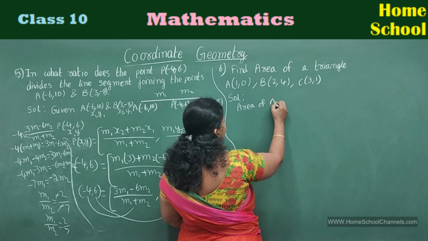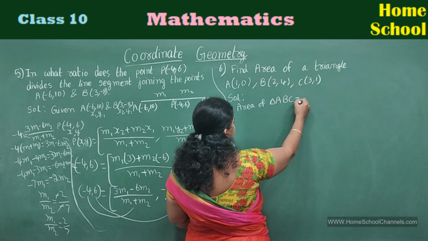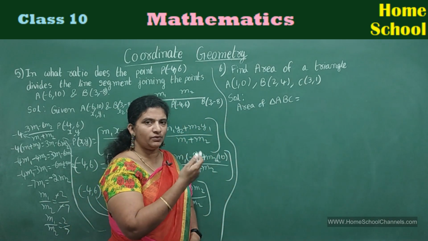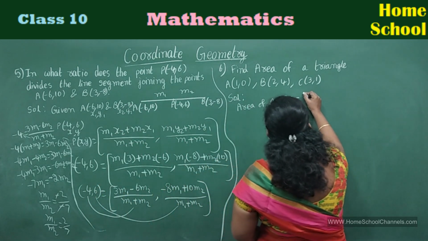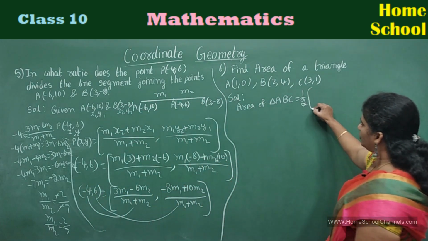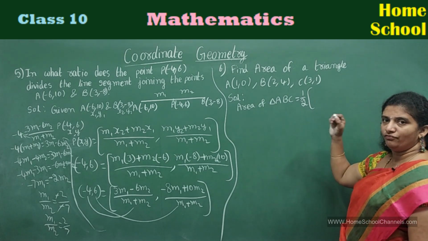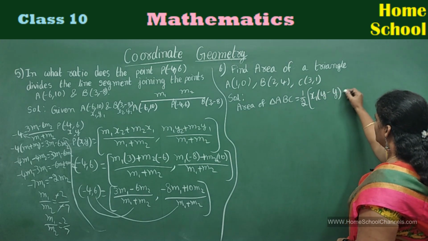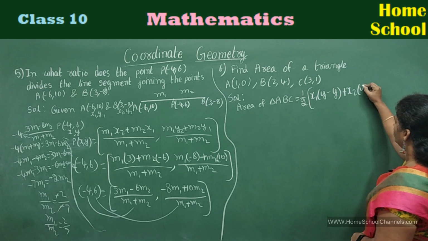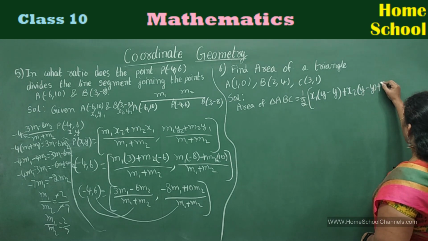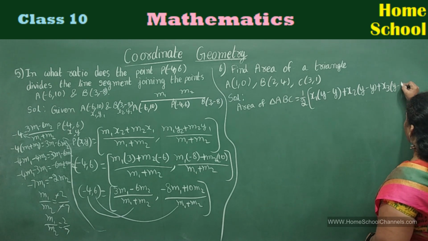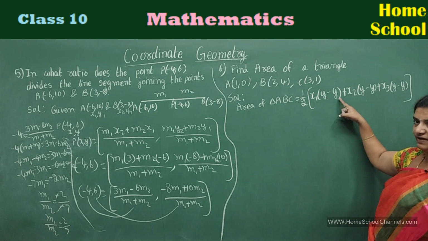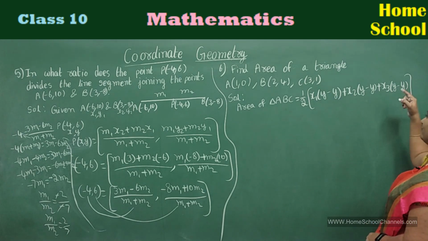Area of triangle ABC is equal to half into, look here children, I am going to say the formula very easily. x1 into (y - y) plus x2 into (y - y) plus x3 into (y - y). Right?